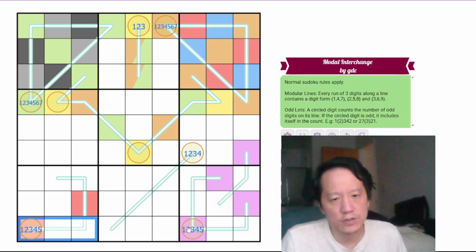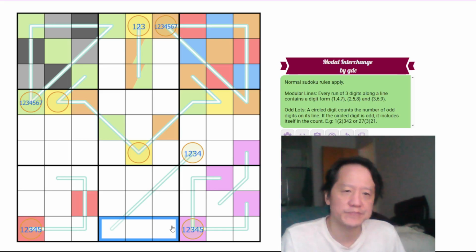This is one of each color, so this also must be one of each color here. Huh. That doesn't really tell us much, though.